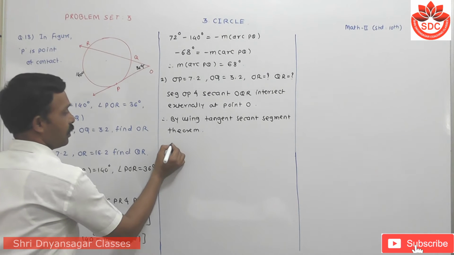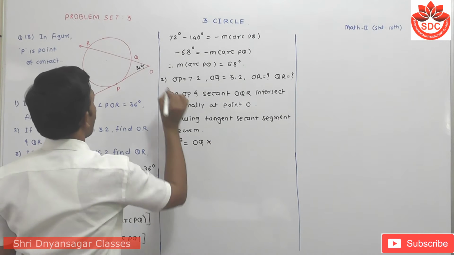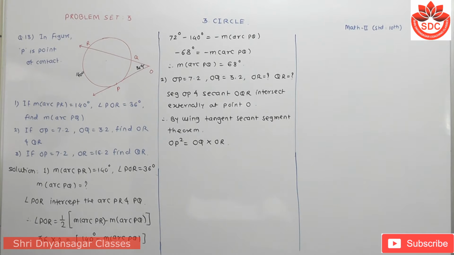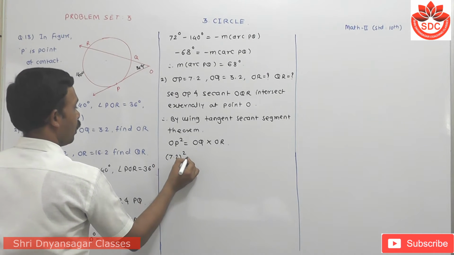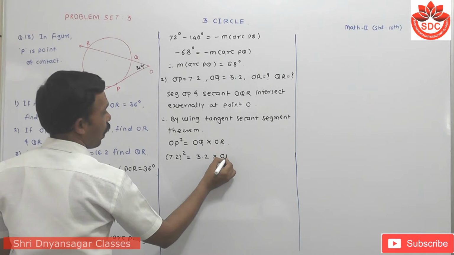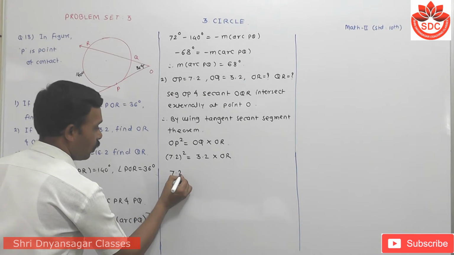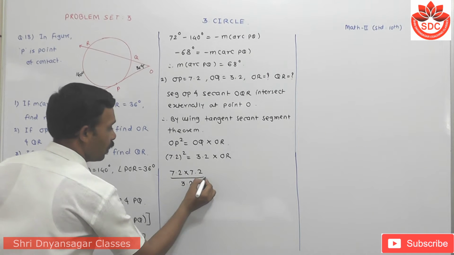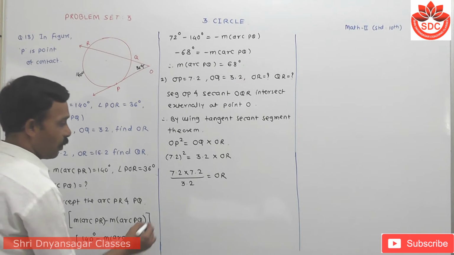OP square is equal to OQ into OR. Substitute this value. OP is 7.2 square into OR. Then I have to write 7.2 into 7.2 upon 3.2, which goes to the denominator, is equal to OR. I have to remove the decimal point.